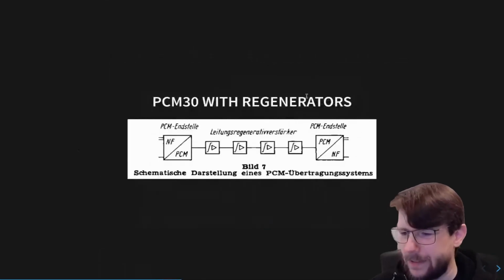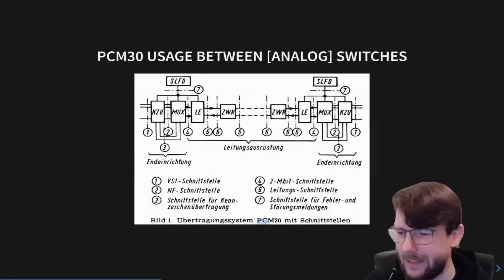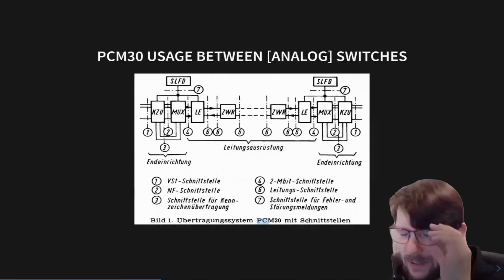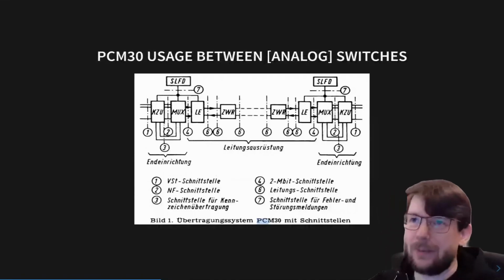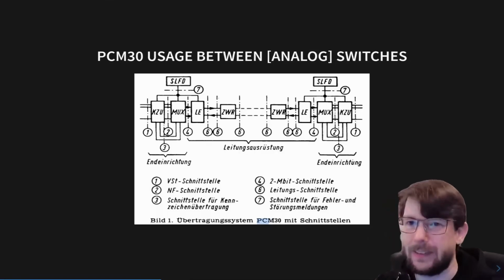So yeah, this is just another diagram to show the regenerators. So we have basically the end unit on the left and on the right hand side, and in the transmission line, depending on the distance, we have these regenerators. And again, if it's not clear, the advantage of having digital transmission over analog transmission and analog amplifiers is, of course, that the digital regenerator can do lossless regeneration.